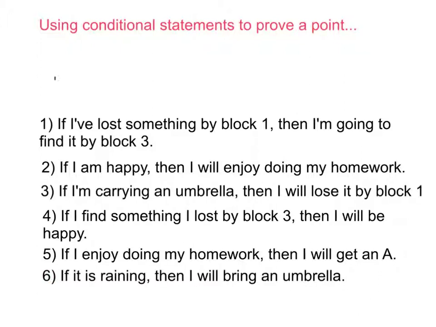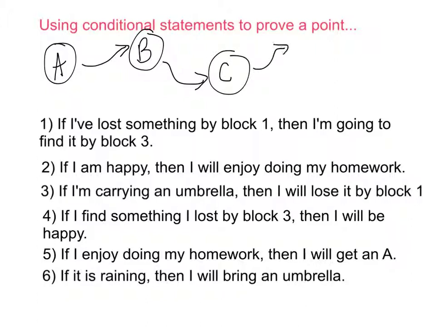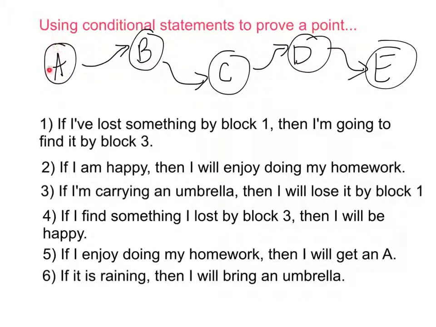Let's say I have this one conditional statement, and that conclusion happens to be the hypothesis of the next one. And the conclusion of that one is the hypothesis of the next. And we just keep on going until we get to a point. What I mean is that what we're going to prove is that if I have this setup, the if from the A conditional statement, then I can use my logic to get to the conclusion of E.